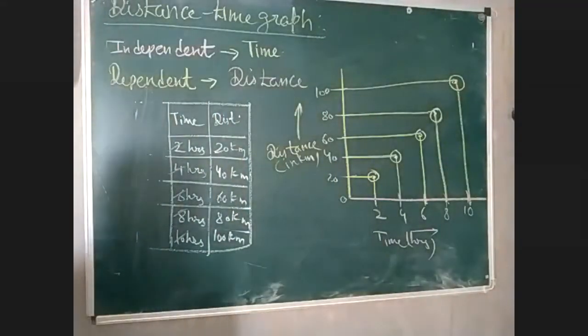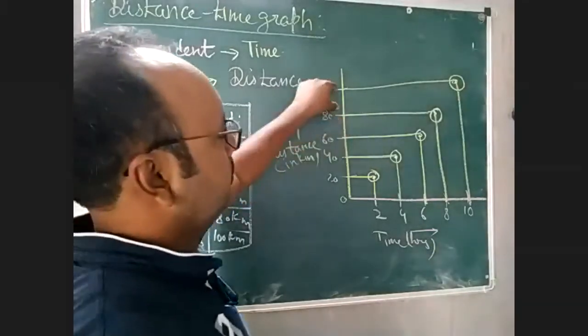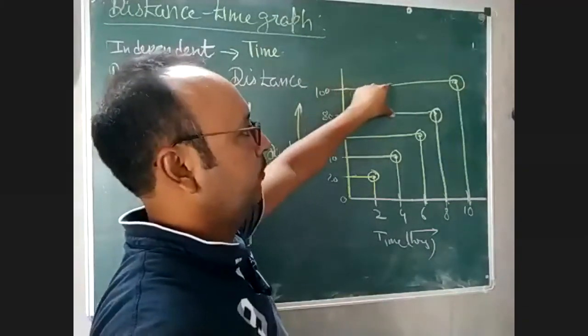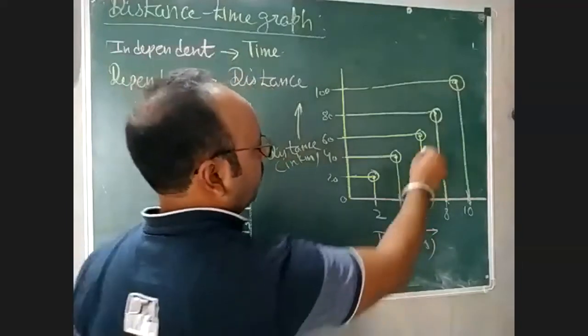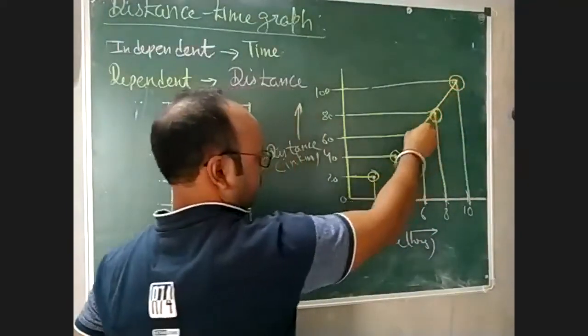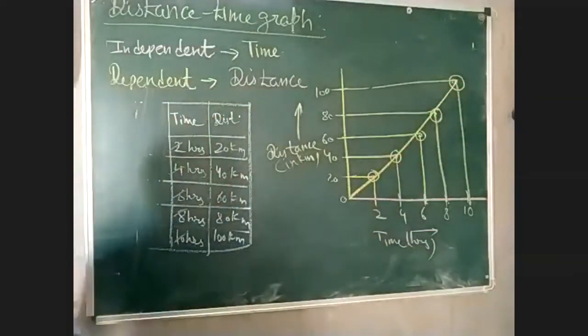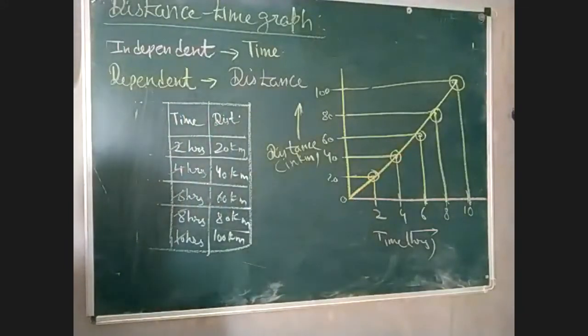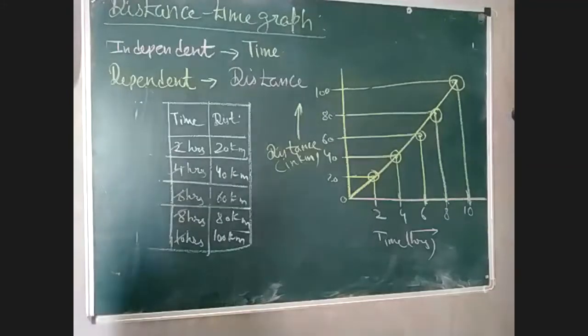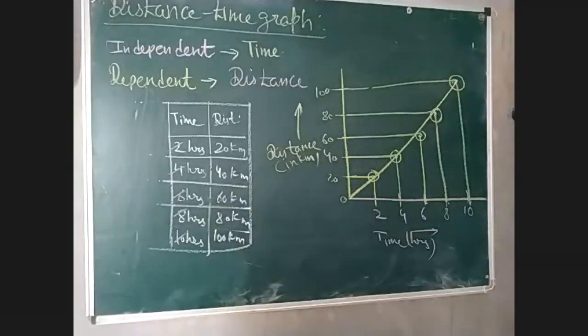Is it clear? So these are not equal, but in the graph when you draw, these will become equal. When I join all these, it will be a straight line, right? So what is the significance of this distance time graph we are discussing?